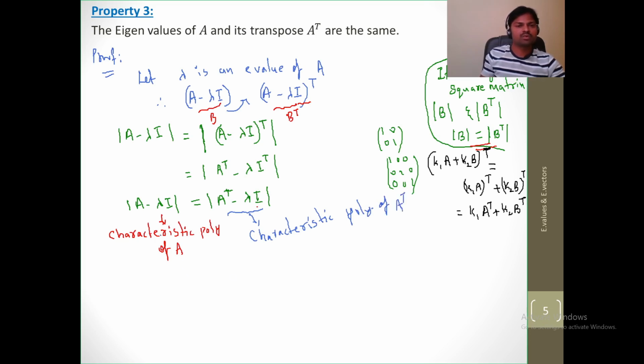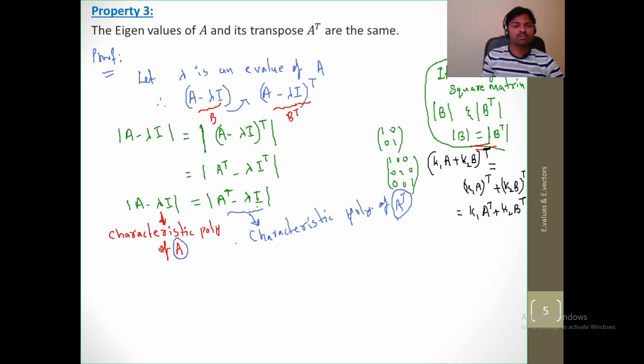Now what can you say? Both the characteristic polynomials are the same for both A and A transpose. Here A transpose is one matrix, and A is another matrix; the characteristic polynomials of both matrices are the same.